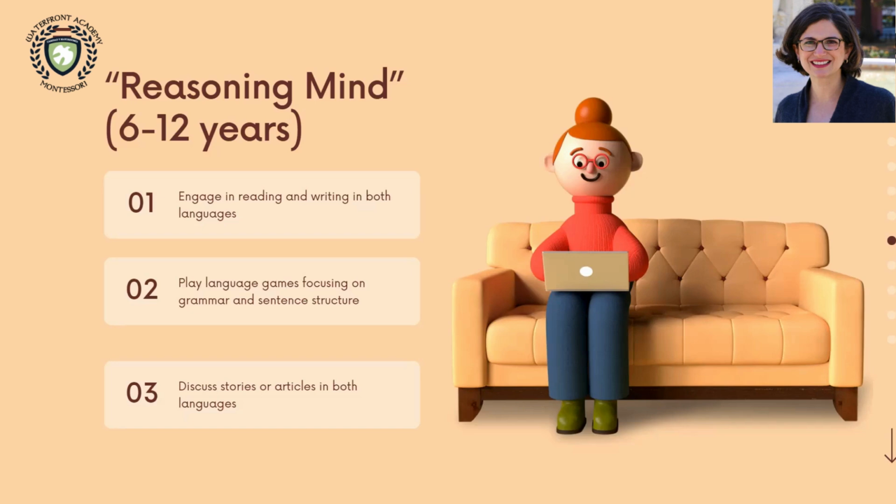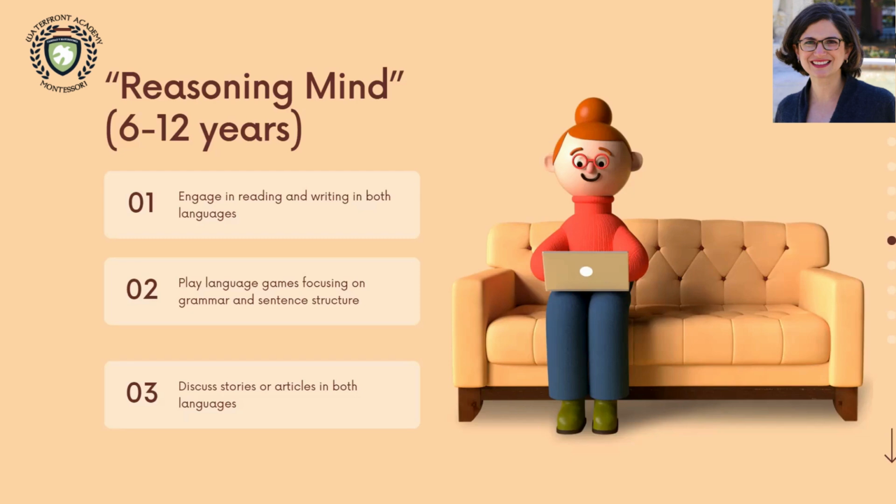And then, after you read something, and this is in any language, doing the reading comprehension: what did you learn? What do you think is going to happen next? What do you want to happen next? Those types of questions are really important, and they're very well received as well.